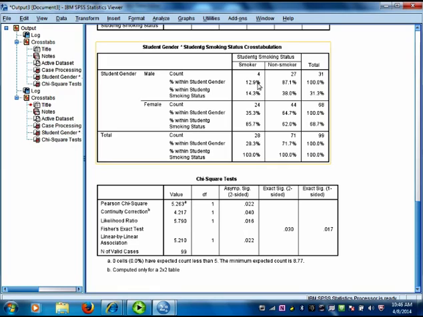Only 4 students among the 31. So that indicates male students have an overrepresentation of the non-smoking group. So that is statistically significant, and we are almost 96% confident, and this is going to be repeatable. Thank you.